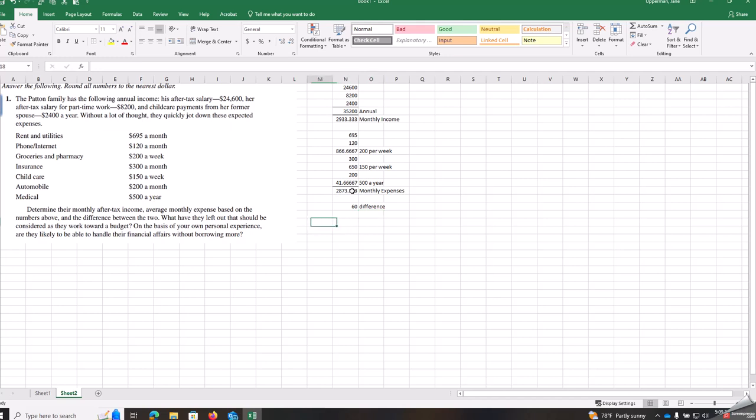So they could have budgeted for entertainment, going out to dinner, maybe even travel if they travel, or maybe just other expenses, things that pop up if you're not prepared for, or credit card payments. Again, we don't know if they have credit cards, but most people do.